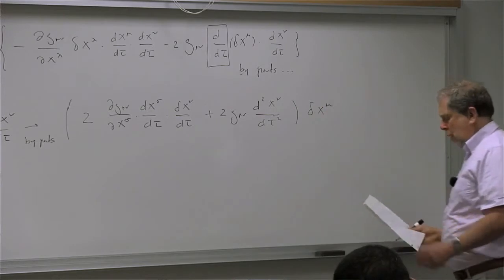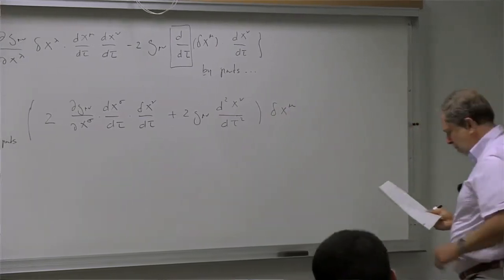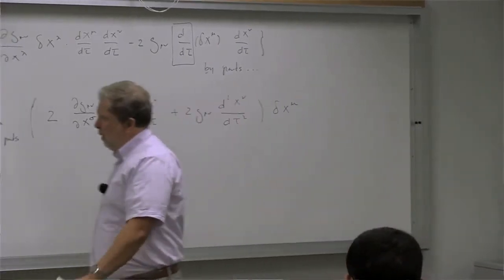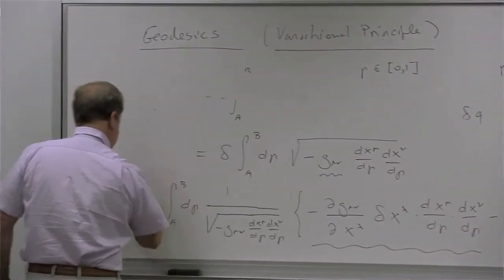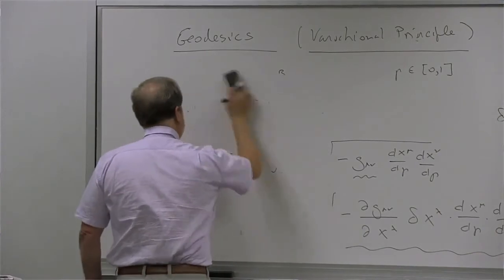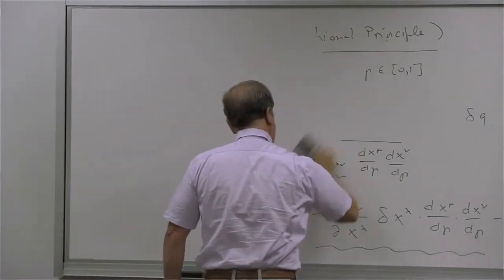All right, so you can see that this is becoming rather messy. And so now we go over on this side and we collect all these pieces, with all the indices in the right places.